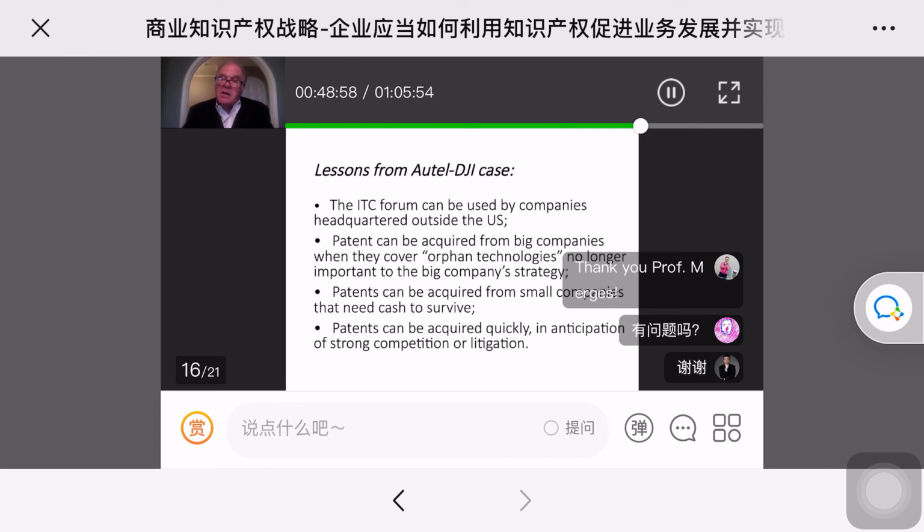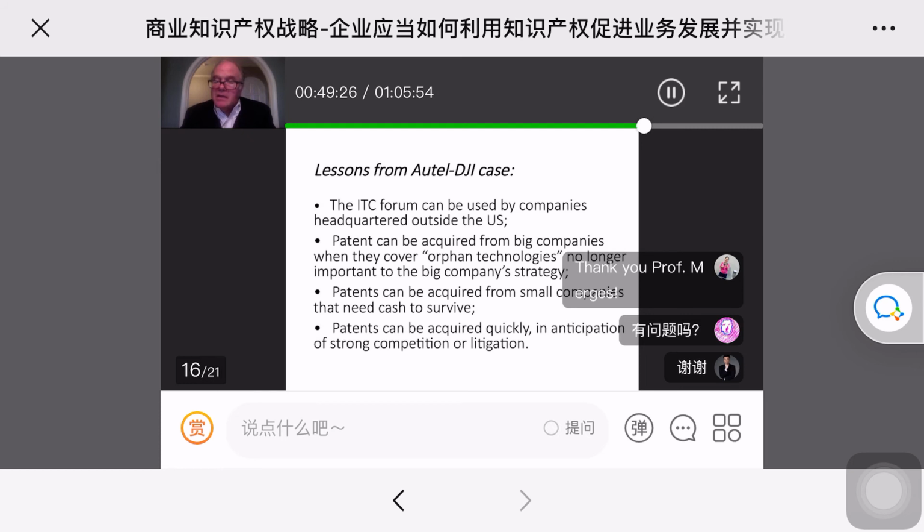For 2 years, they were involved with DJI in an International Trade Commission case. During those 2 years, Autel was no doubt filing their own patents. They were no doubt shopping for other patents. Assuming they want to stay in this market, the 2 years that they gained by these patent acquisitions were probably not wasted.